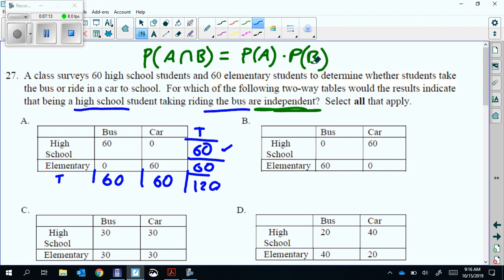And the probability of riding a bus would be, altogether, 60 out of 120. Multiply those together, we get something. But now we're looking at the probability of being a high schooler and riding the bus. That would be 60 out of 120.